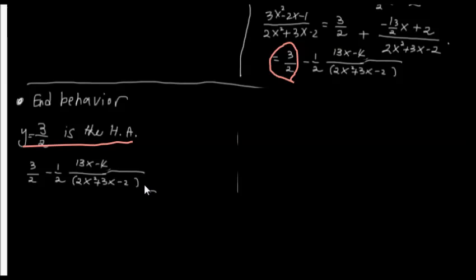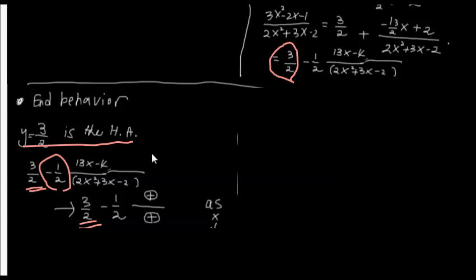I copy down this expression over here again to analyze whether it's coming from above or from below. So here's how you look at it. That 3/2 is exactly the same copy, and negative 1/2 is just a number out there. I'm looking at this part as x approaches positive infinity: what happens to this numerator and denominator, and there's the additional factor of negative 1/2.